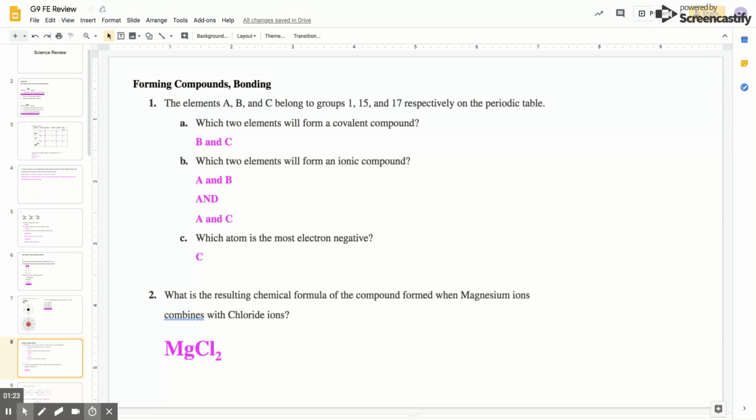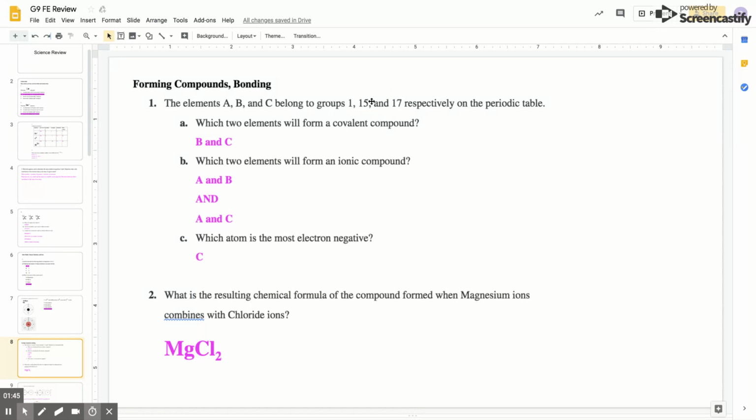Of course, they would rather lose that one electron to become positively charged, and so they are known as alkali metals, or if you're looking at group two, alkali earth metals.